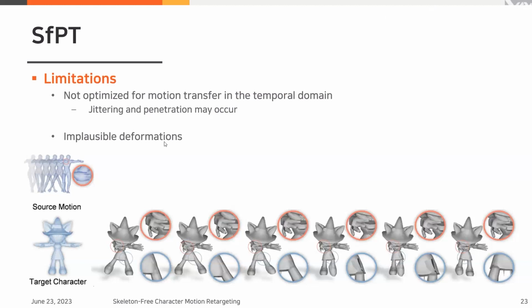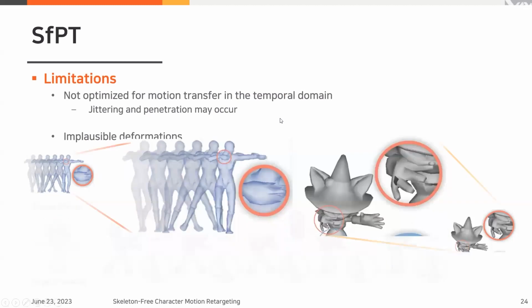So yeah, due to an unbalanced number of vertices on different body parts, it fails to handle small part motions such as the right hand direction.